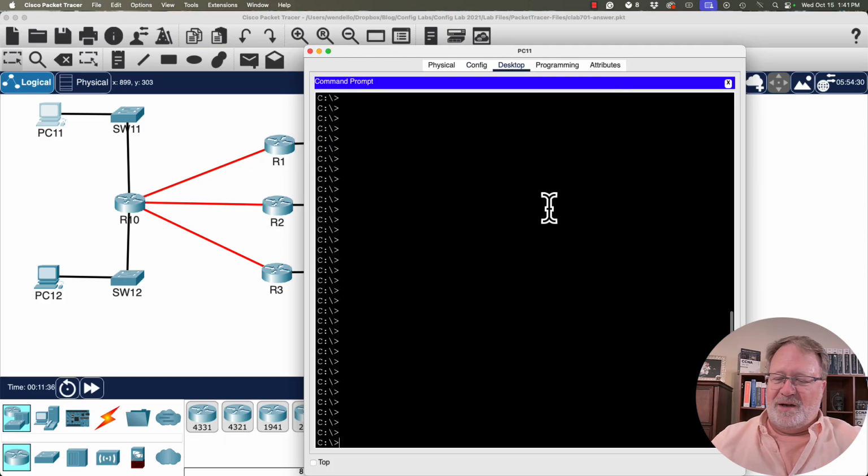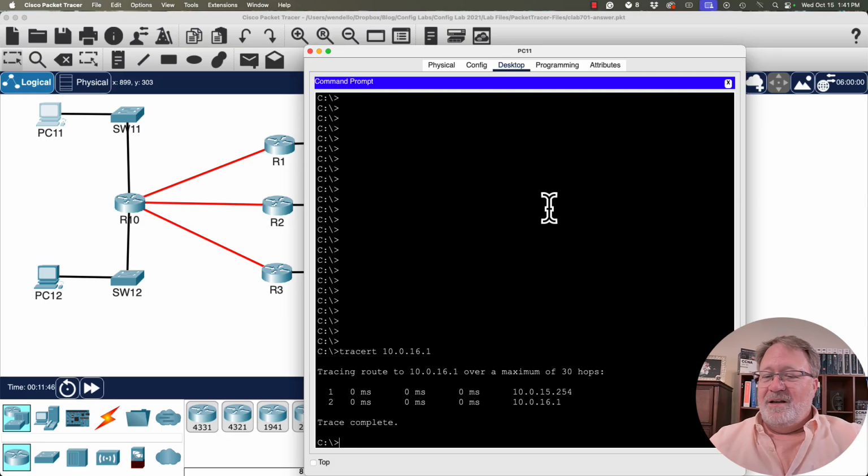You may have seen some other commands I had tried earlier, so I can up arrow and just retrieve some of the commands I tried. So this is a traceroute down to PC12 from PC1. It completed. That shows me that, hey, there's connectivity down to PC12, and just to show the rest of them working, that's the IP address in the traceroute command of PC1 off of router R1.